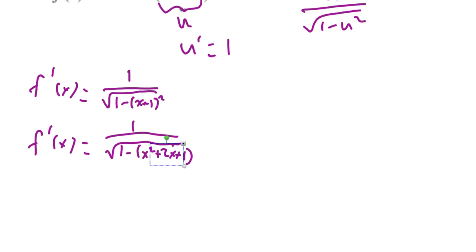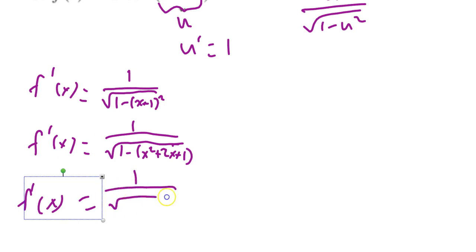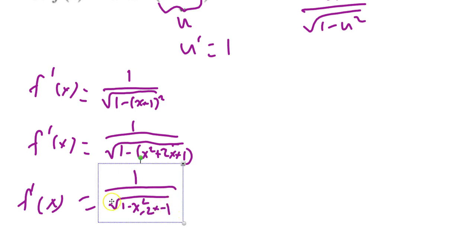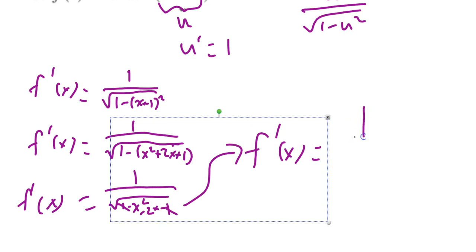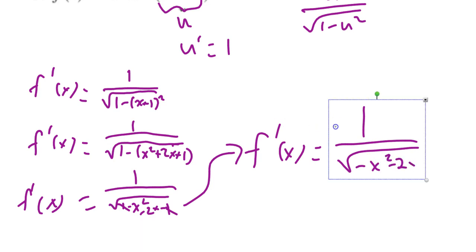Which then would become 1 over the square root of 1 minus x squared minus 2x, minus 1. The 1's cancel, so my overall derivative is just 1 over the square root of negative x squared minus 2x.